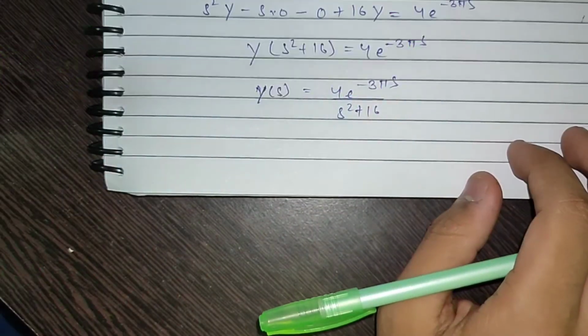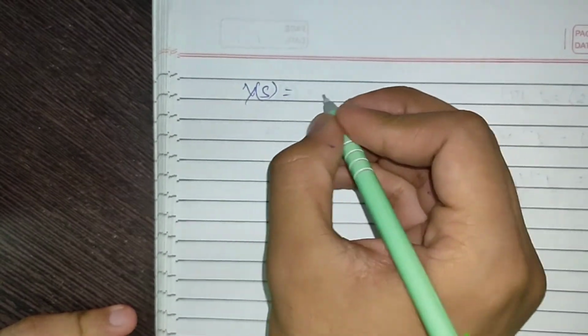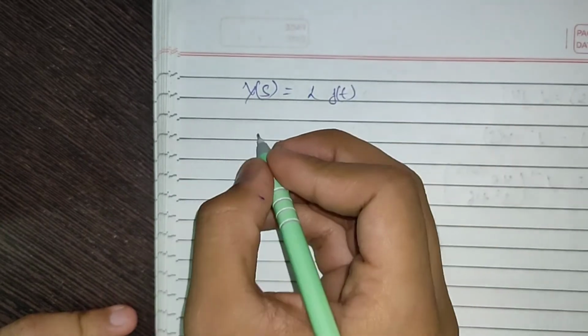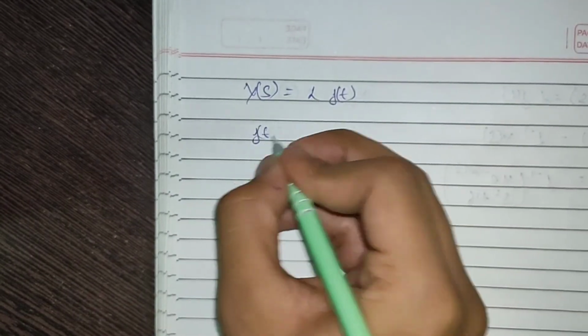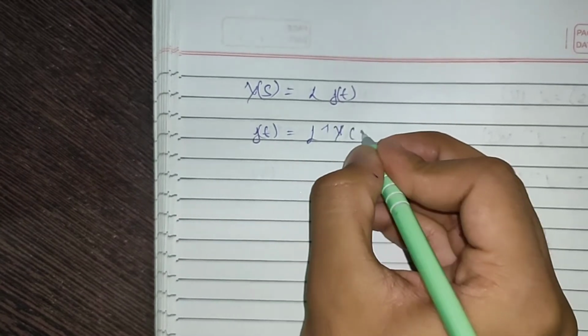And yes, so now Y of s, we have assumed as the Laplace of f of t, so f of t will be the Laplace inverse of Y of s.